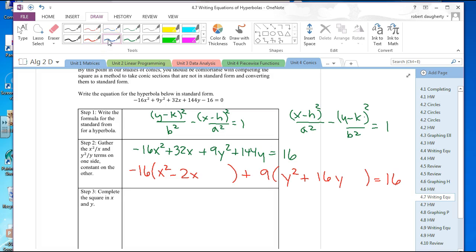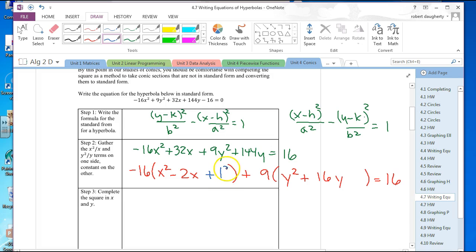Okay, Robert, to complete the square here, what has to happen? You take half of this number. What's half of 2? Okay, so I'm going to add, half of 2 is 1.